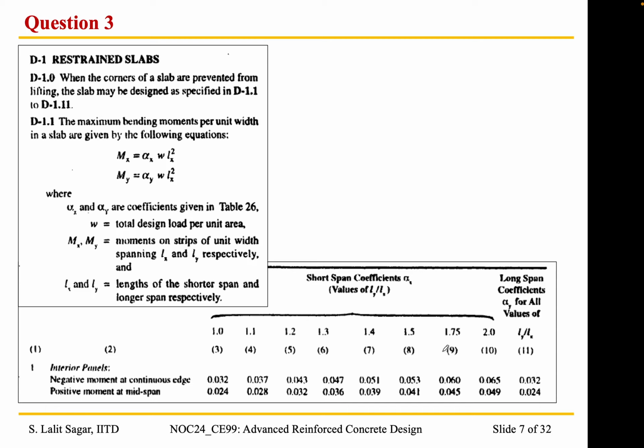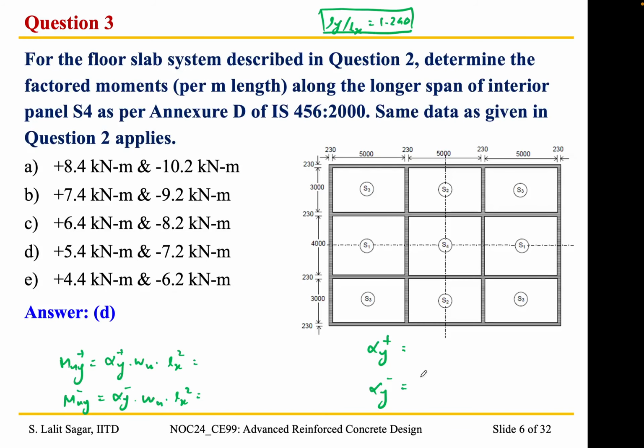So irrespective of the ratio of Ly by Lx, alpha y negative is 0.032 and alpha y positive is 0.024. So positive is 0.024, and alpha y negative is 0.032.